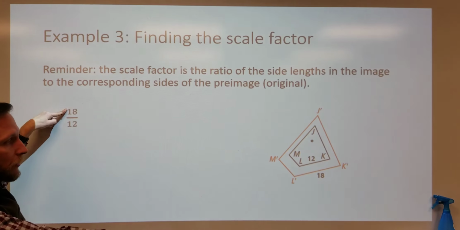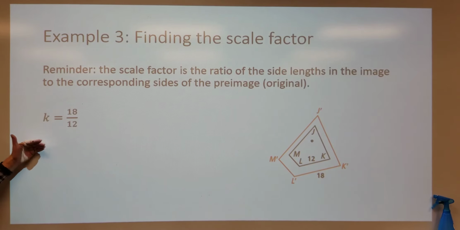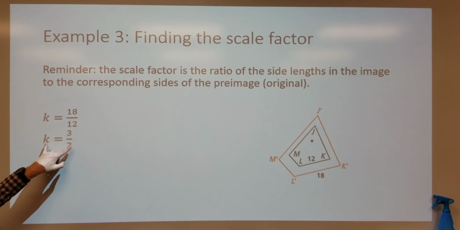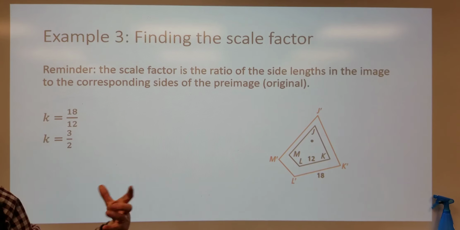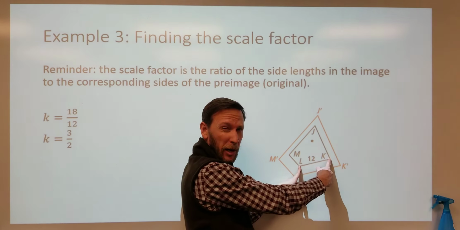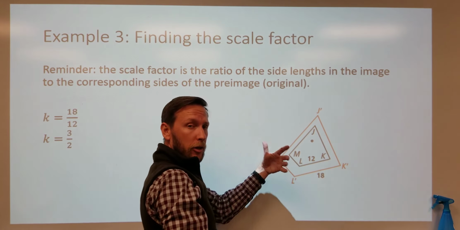So this is L prime K prime over LK, and we then simplify that ratio. When we do that, this tells us our scale factor. Our scale factor is 3/2, or 1.5, which means that if I were to measure this and multiply it by 1.5, I would get that. Same thing here, multiply by 1.5, you get this, and so on.